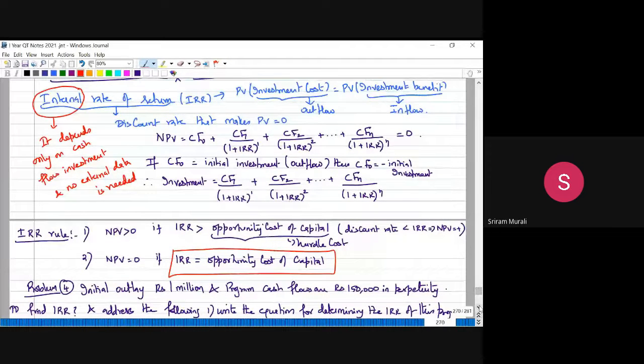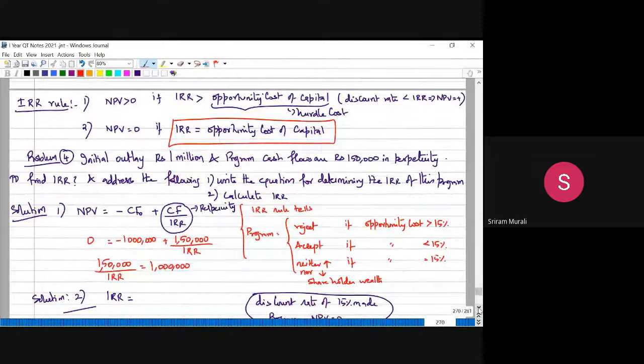IRR is equal to the opportunity cost of capital, that is the discounting factor as well. So 1,50,000 is my return divided by how much? Just cross multiply the above equation and you will get IRR.